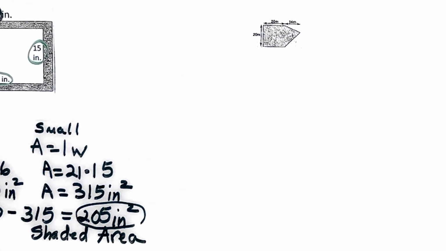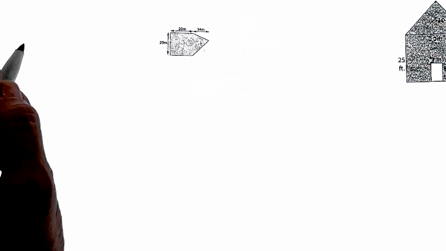So now the second picture that we have here is kind of small, so I'm not sure if you can see it. I will go ahead and write those numbers larger so that you're able to see what those dimensions are.